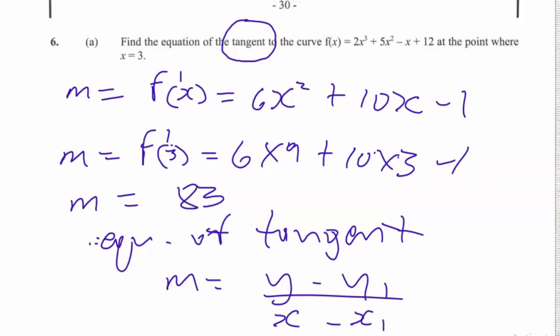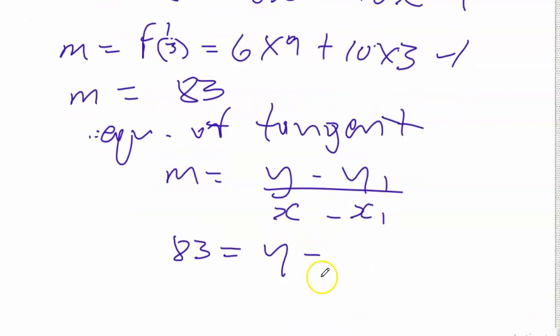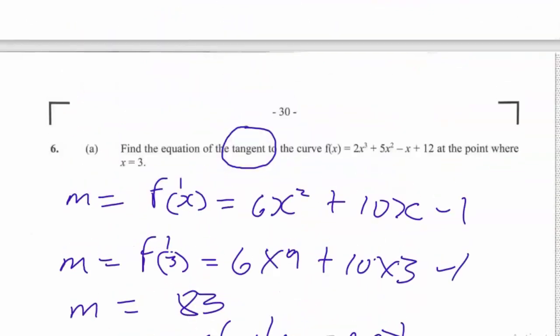So m, we know m is 83. Y minus, we don't know y1. We know x1, x is 3. So x minus 3. Now we need the y coordinate for when x is 3.